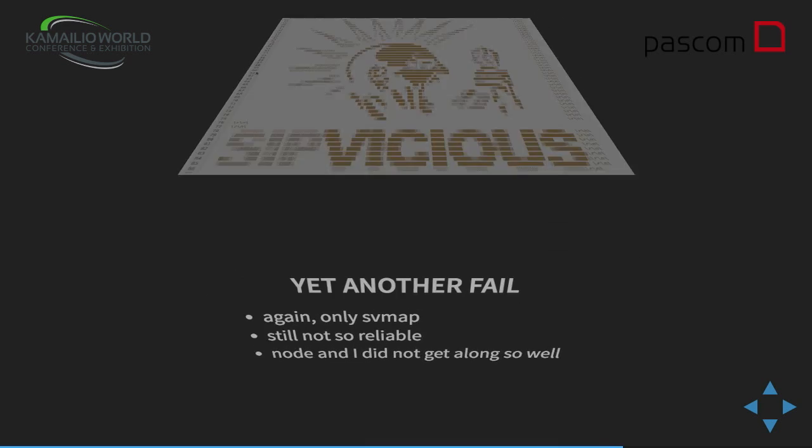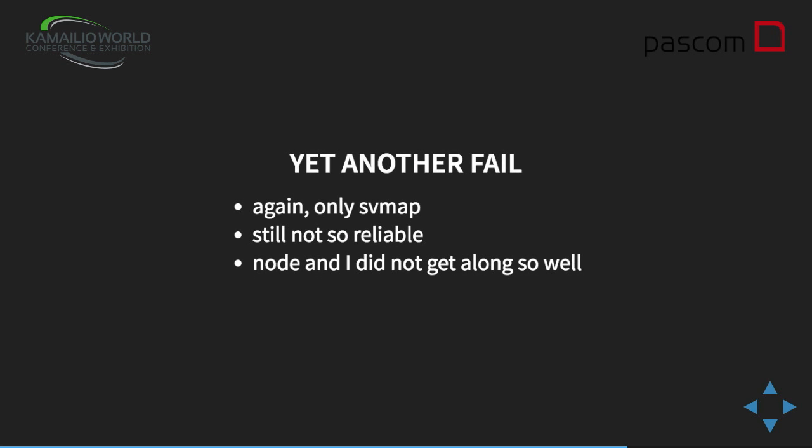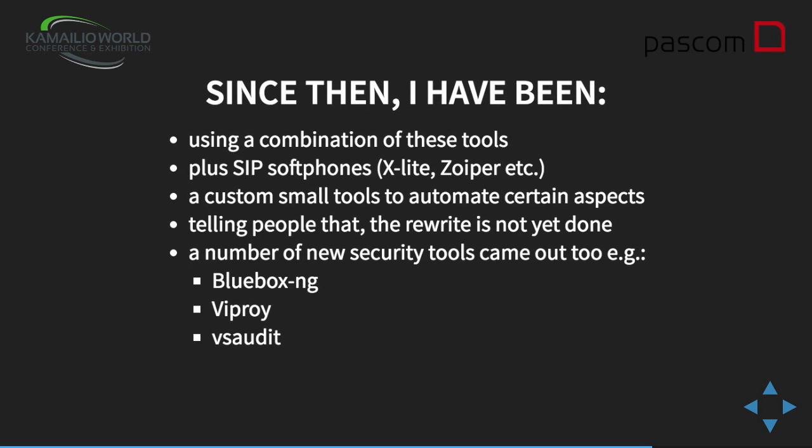I tried various things, but it's not so easy to rewrite something that got a lot of patches. In the meantime, during my penetration tests, I had been using a combination of these tools, SIPVicious together with custom tools and soft phones, like a lot of people do.